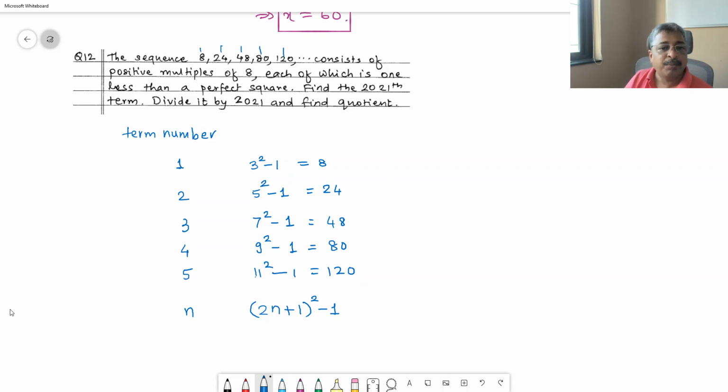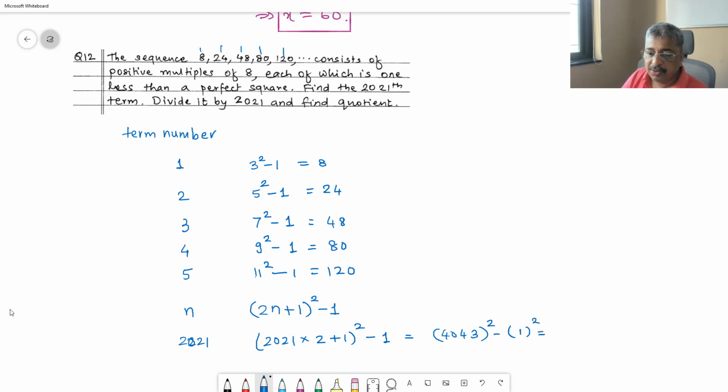Therefore, we can directly put now 2021, and the answer will be 2021 into 2 plus 1 bracket square minus 1. Now let us proceed with this. 2021 into 2 is 4042, plus 1 is 4043 square minus 1 square.